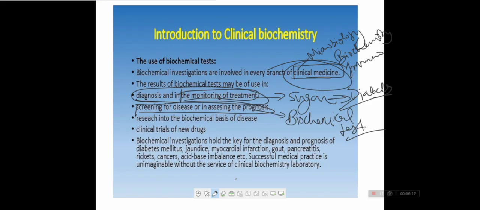Clinical trial of new drugs. Much research is going on in the invention of new types of drugs. So how will this new type of drug be identified? For the trial, this drug is injected into a person.